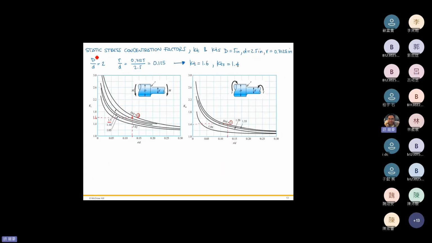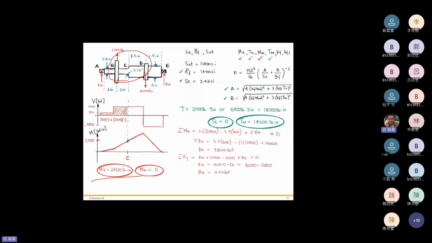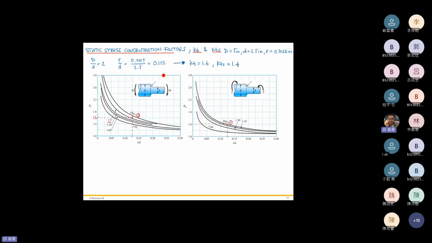For the stress concentration factors Kt and Kts, our shaft has capital D equal to 5 inches and lowercase d equal to 2.5 inches, and the radius of the fillet is 0.3125 inch.